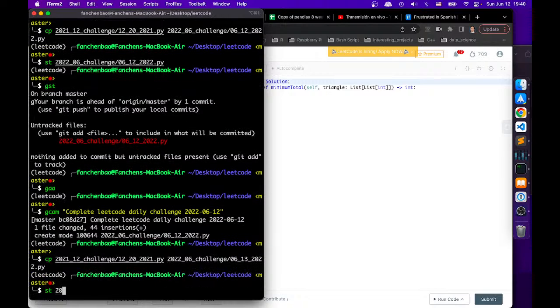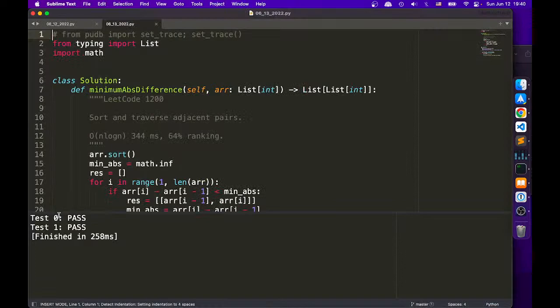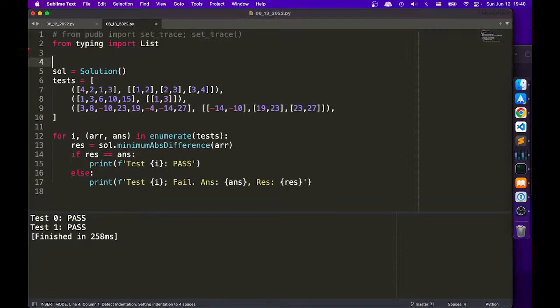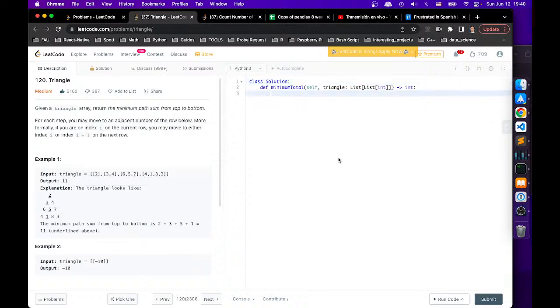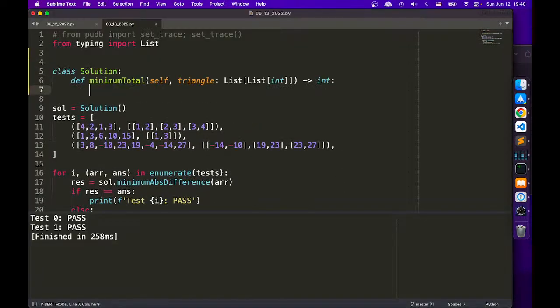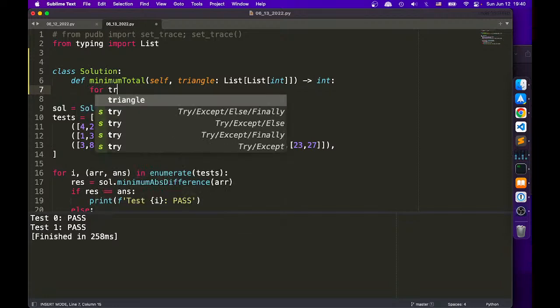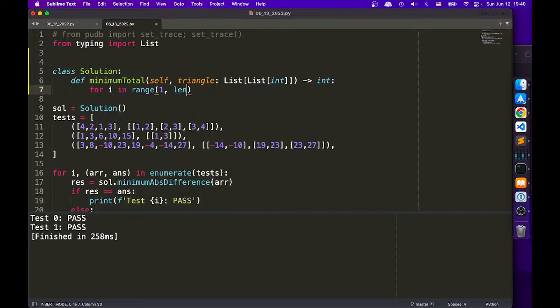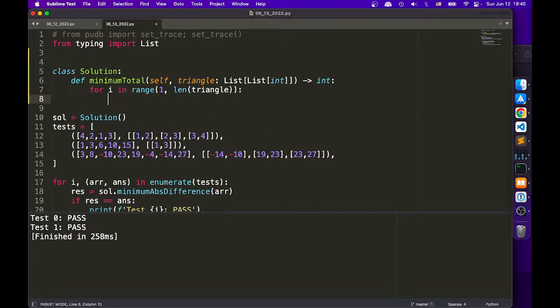Okay, let's do this. All right, so what do we do? Do we want to change the triangle directly? Why not? For I in range from 1 to len(triangle), and then for J in range of len(triangle[I]).